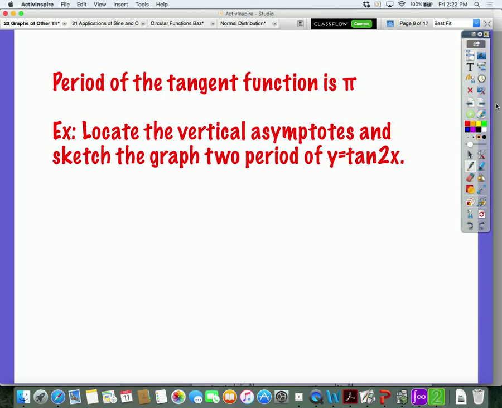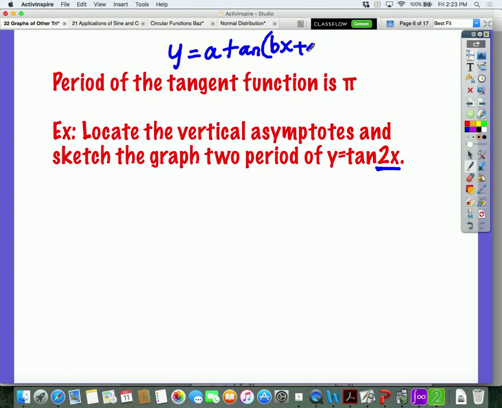We're going to locate where the vertical asymptotes are and sketch the graph of 2 periods of tangent 2x. Now this 2 is inside with the x, so technically 2 would represent what variable? The b. That same setup applies to tangent as well.